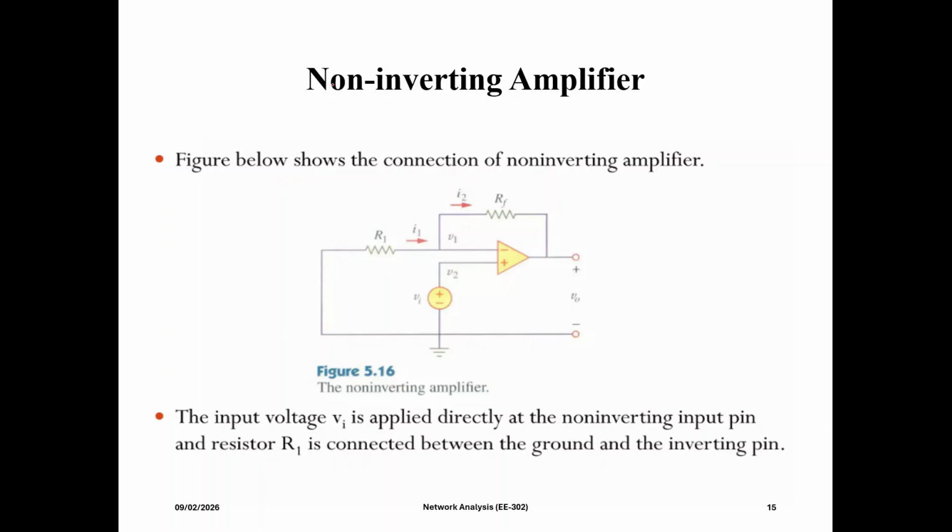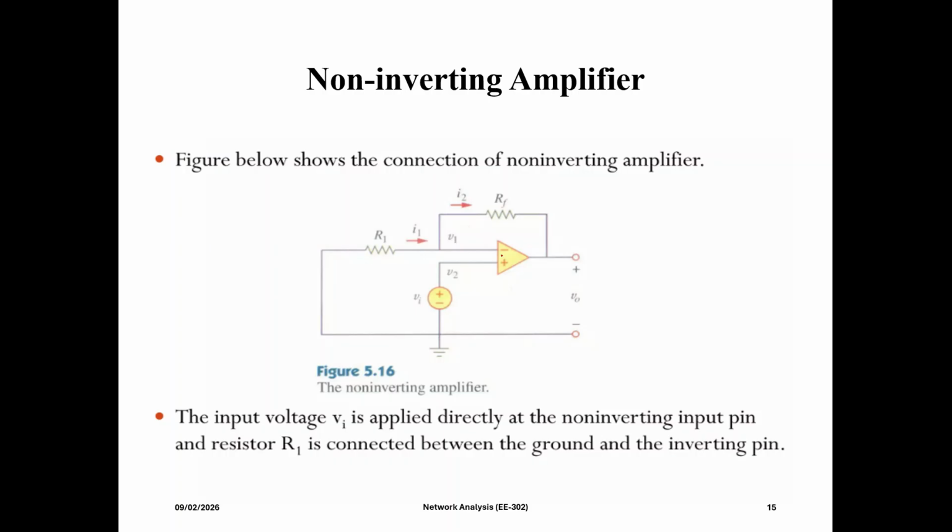Next configuration is the non-inverting amplifier. Here figure 5.16 is the equivalent circuit of the non-inverting amplifier, where the input voltage Vi is directly connected to the non-inverting input, that is the plus sign, and resistor R1 is connected between ground and the inverting input.